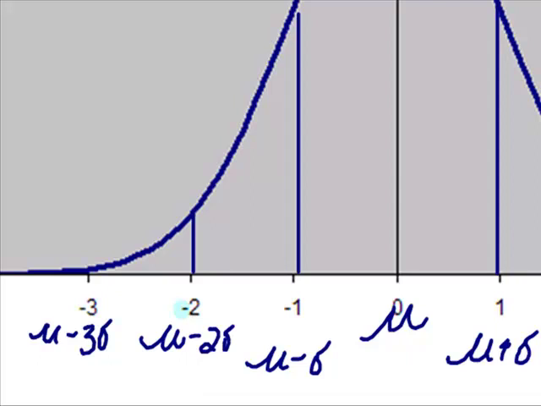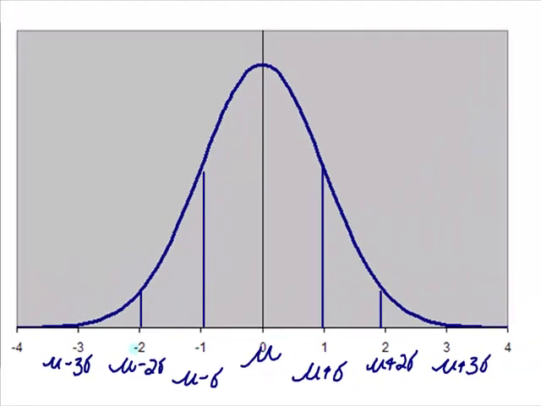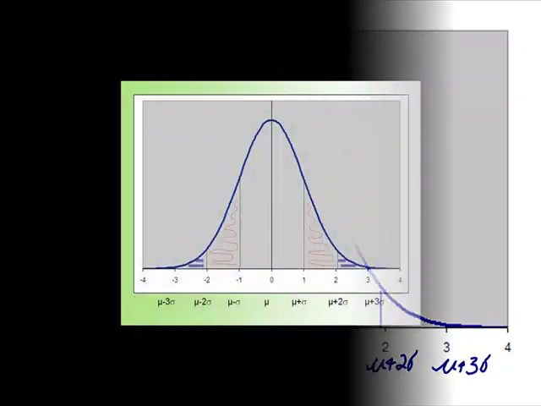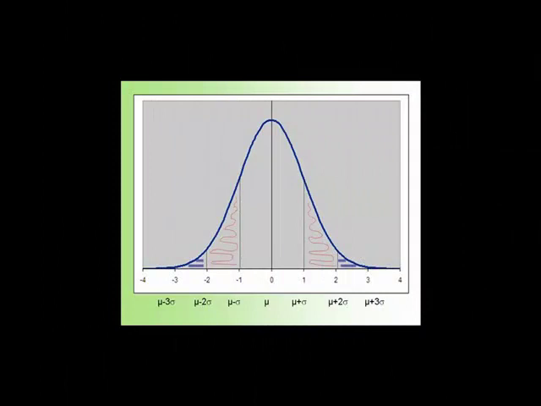Let me give you an example of what I'm talking about. If you are between -2 and +2 standard deviations, that's considered usual. The data fits into what would be considered normal, pardon the pun.